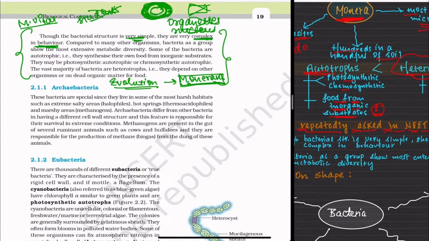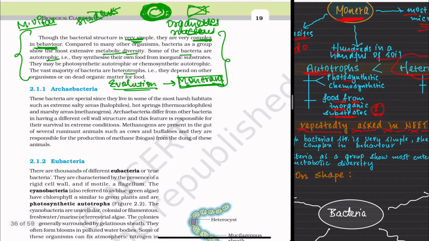Compared to many other organisms, bacteria as a group show the most extensive metabolic diversity. So, how the most extensive metabolic diversity? Because some bacteria are autotrophic and some are heterotrophic. And among autotrophs, they are not only photosynthetic autotrophic, like plants. Plants are only photosynthetic autotrophic, or in some cases heterotrophs, where they are insectivorous, or parasites such as angiosperms like Cuscuta. But these are exceptions.